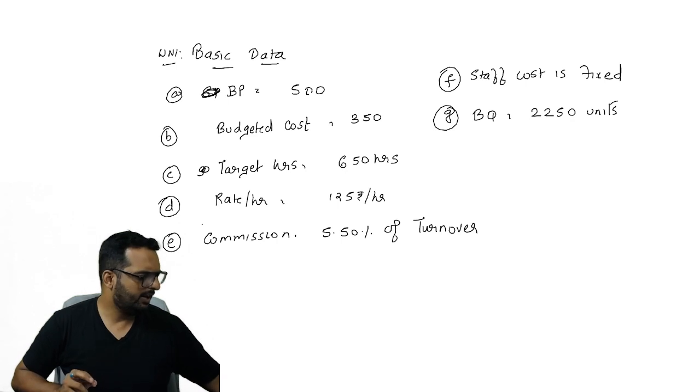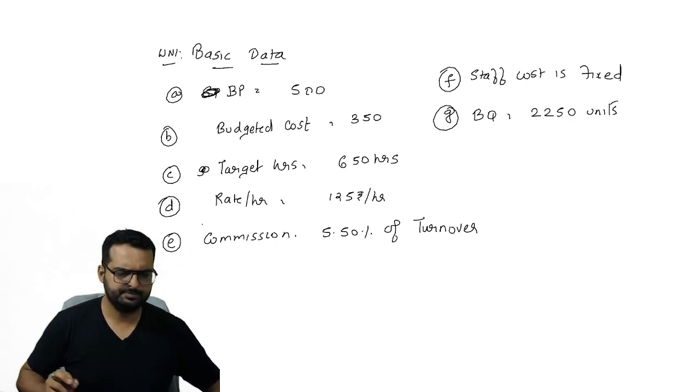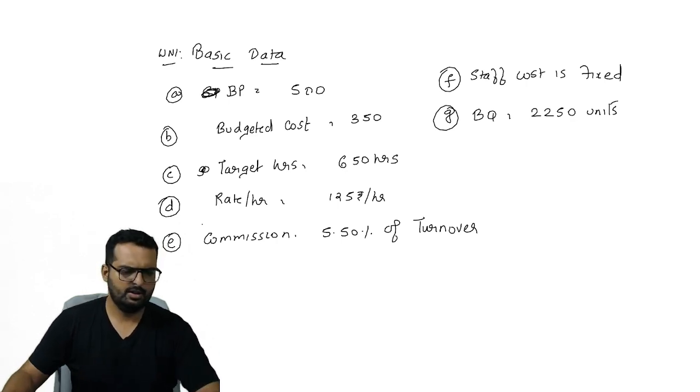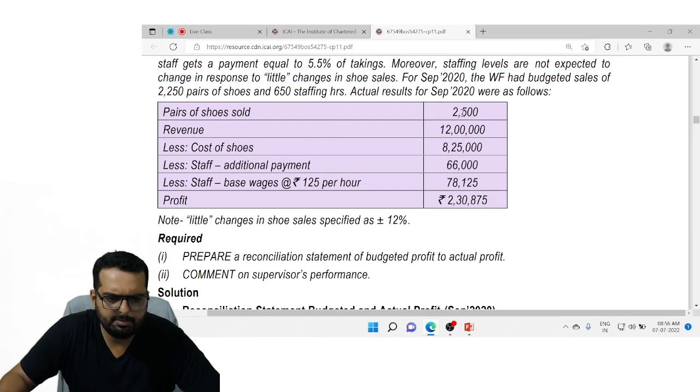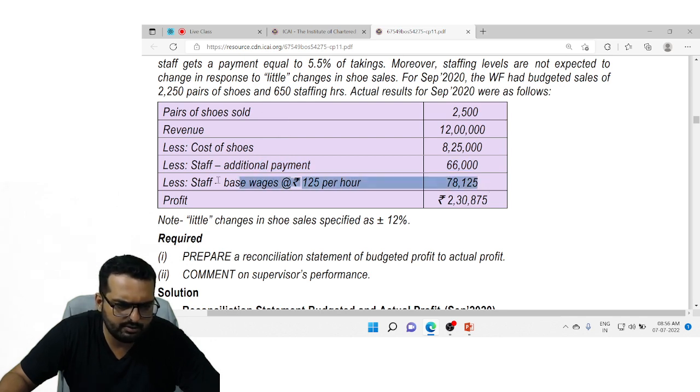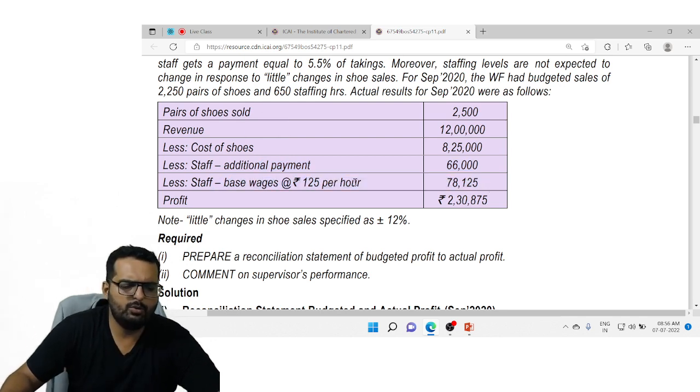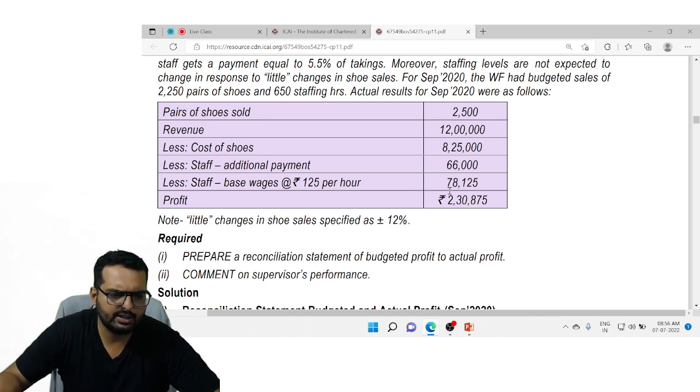All right, friends. Are you all done writing this? Now, they have given the actual details. Actual pairs sold is 2500, actual revenue, actual cost, additional payment, and 125 rupees per hour they have paid this much amount over here. All right, and they've got the actual profit.